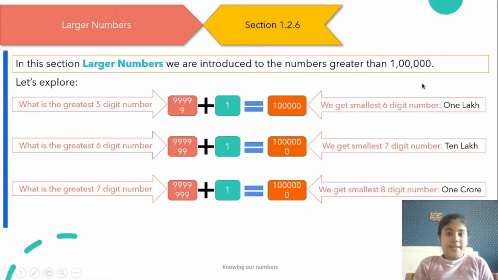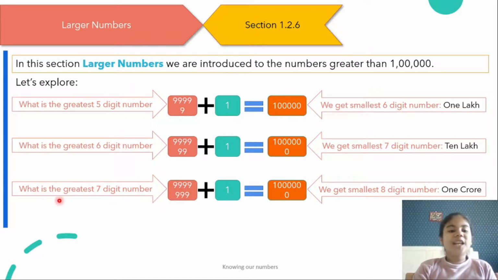So this is our next section, section 1.2.6, larger numbers. What is the greatest 5-digit number? It is 99,999, and if we add 1 to it, it becomes 1 lakh, which is the smallest 6-digit number. What is the greatest 6-digit number? It is 9,99,999, and if we add 1 to it, it becomes 10 lakh, which is the smallest 7-digit number.